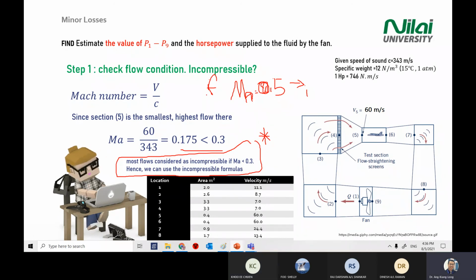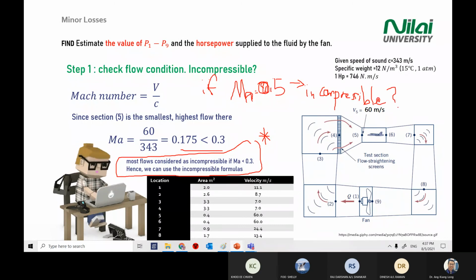So if you calculate your Mach number as 0.5, is it an incompressible case? Can you consider your system having an incompressible case? Yes. Why? Why yes?